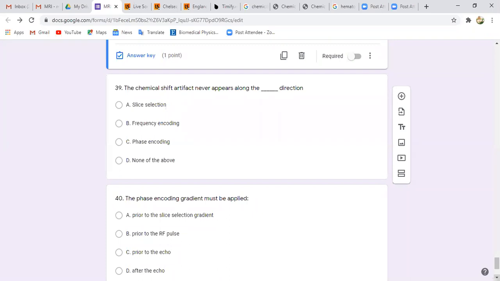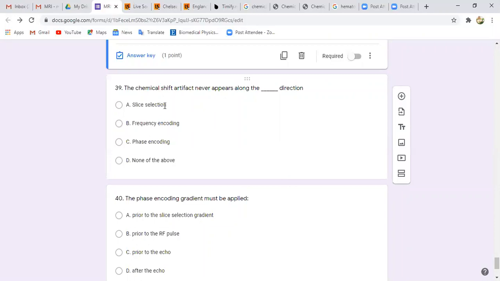Chemical shift artifacts can actually appear along any of the directions, but in most applications it is along the frequency encoding direction.